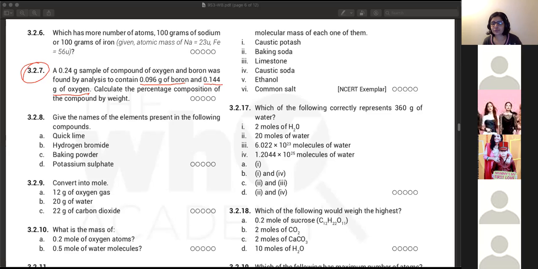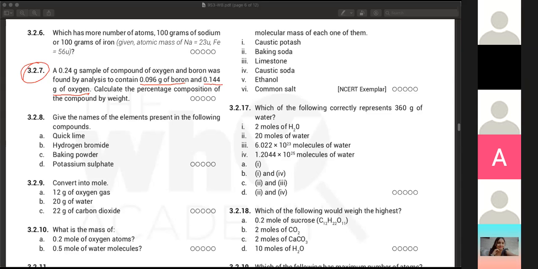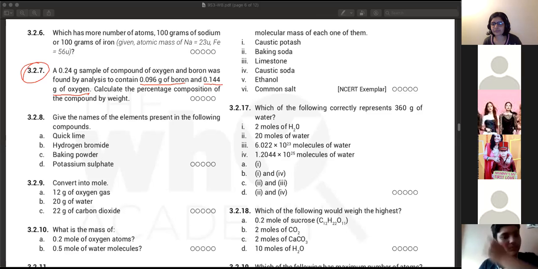Those who don't respond or don't have your video on will be marked as absent. I'm making a note of your names. Yes, Abhishek. Abhishek Trivedi is not there. Okay, all right. Aditya.